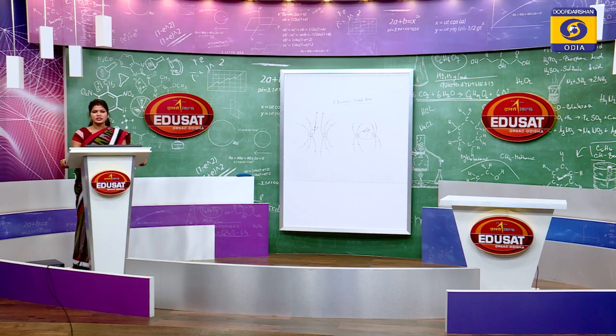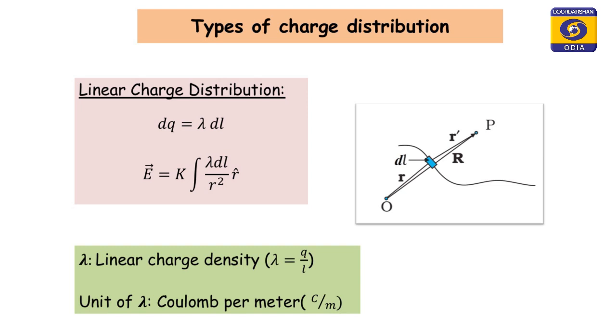Depending upon the nature of charge distribution, we have different charge distributions. The first one is linear charge distribution, that means charges are linearly distributed on a line. When we take a small element dl, the small charge dq is equal to lambda into dl.